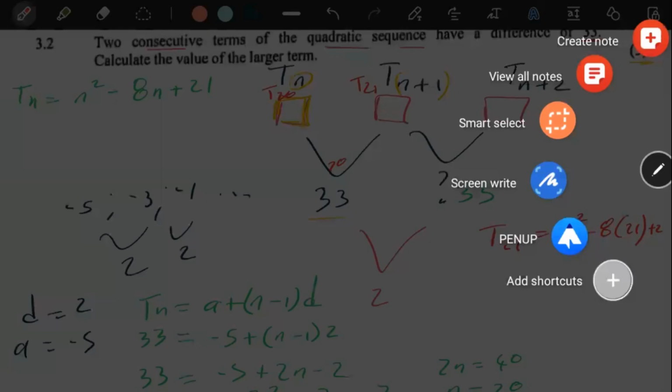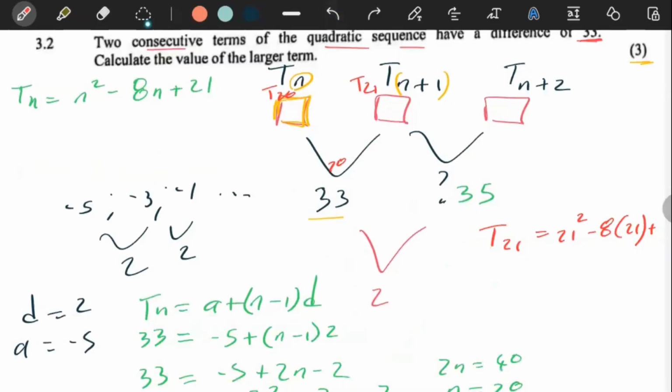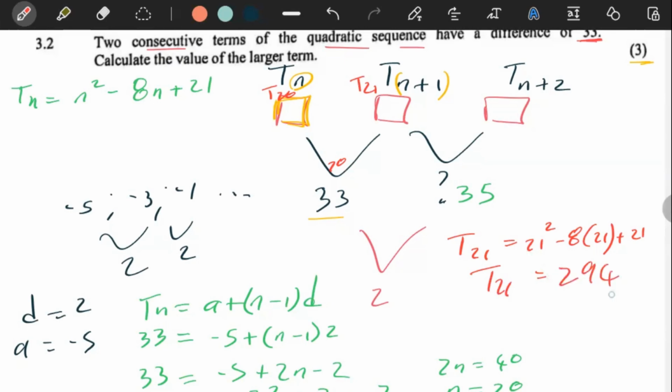Depending on whatever method you might think of using here, I would like to think there are other methods that might be shorter. But this is the first thing that came to mind, and for the sake of not wasting time, I just went with it. But maybe if you look at this question a bit longer, you would see that there's another shorter way to do it. So T21 is equal to 294.